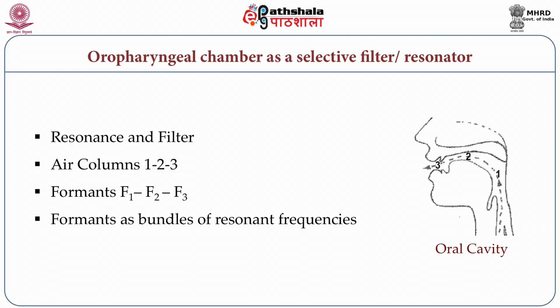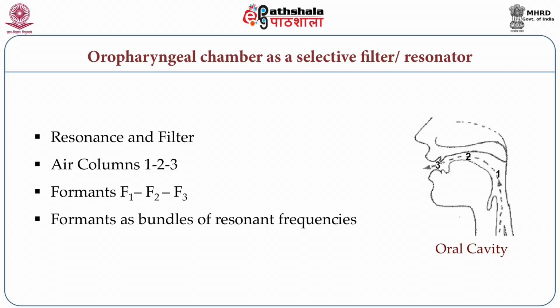The second formant happens after that. It is the air column just above the tongue, which is modulated and modified by the movements of the tongue. So that is number 2, and that is where the second formant is produced.